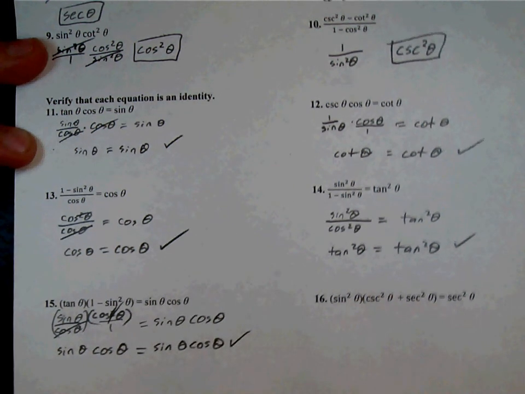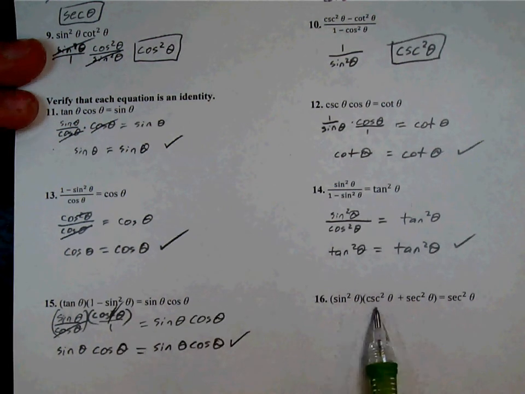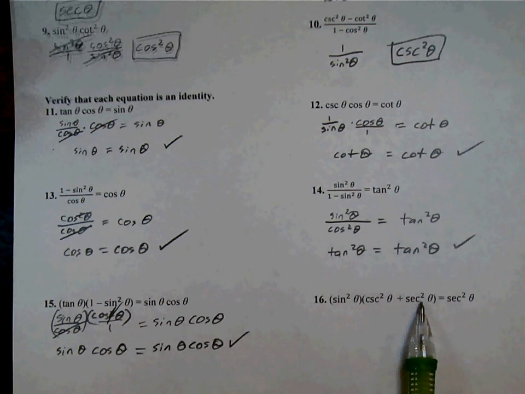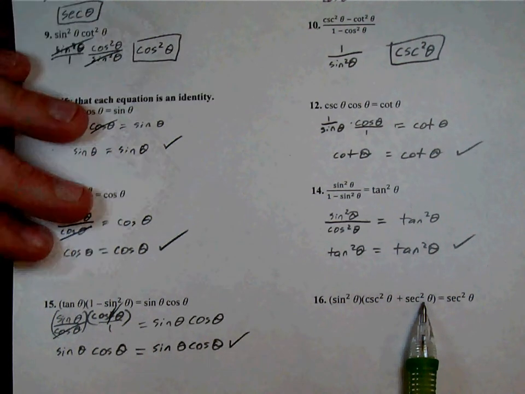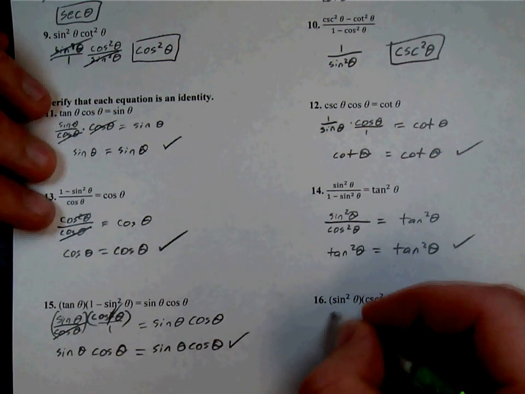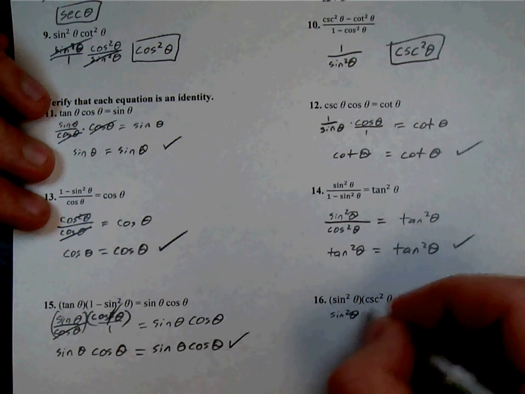And lastly, number 16, as I look in the parentheses, cosecant squared plus secant squared, those are not in the same trig identity, so I'm going to go ahead and distribute my sine squared. So sine squared times cosecant squared. Well, cosecant squared is 1 over sine squared.